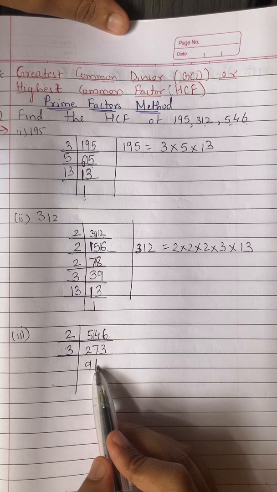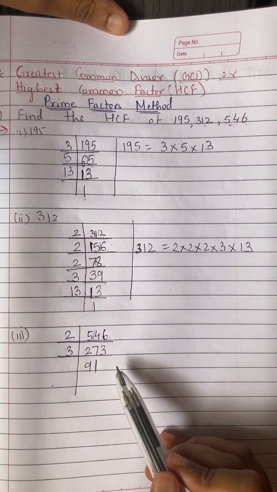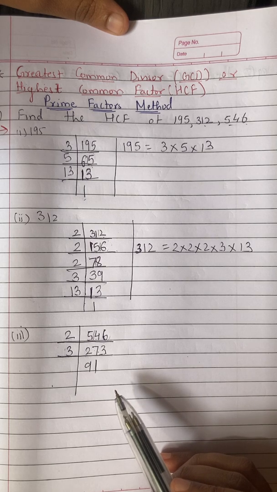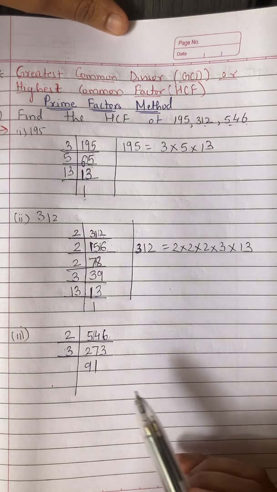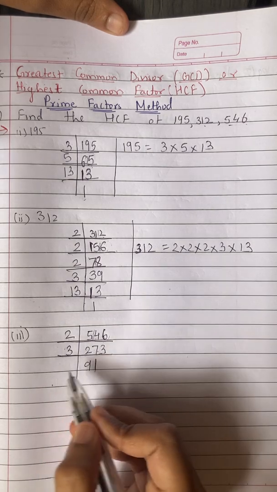Now there is 91. Does 91 come in 3's table or no? That you have to see. It does not come in 3's table. Now check whether it comes in 4's table. It does not come in 4's table also. It does not come in 5's table also, 6's table also. Check whether it comes in 7's table or no. Okay, so we'll take 7.